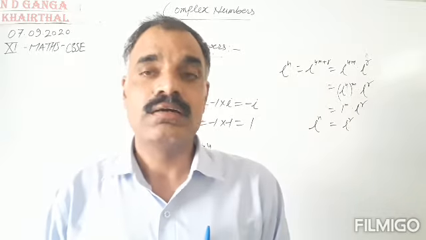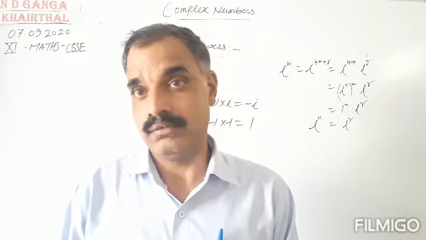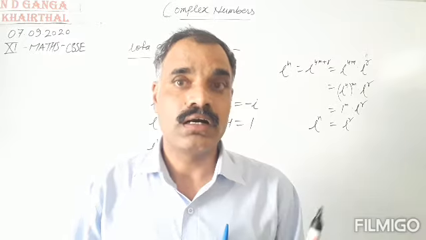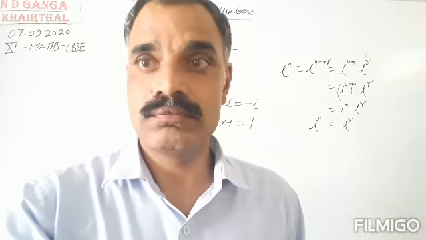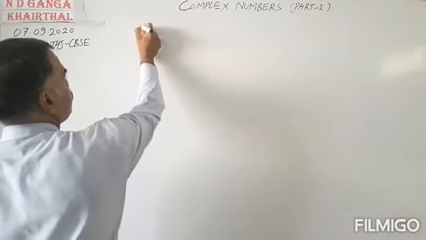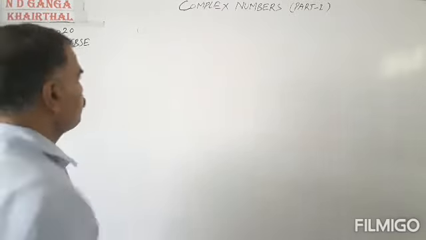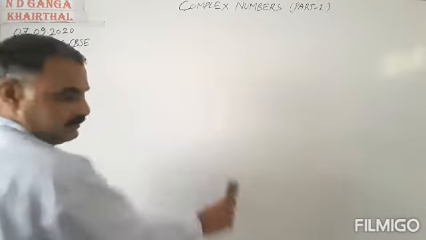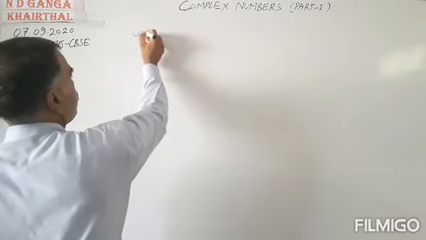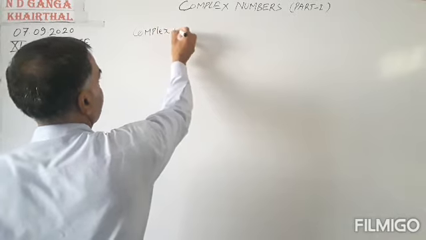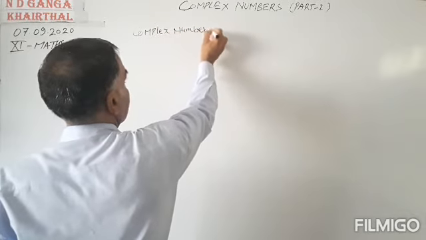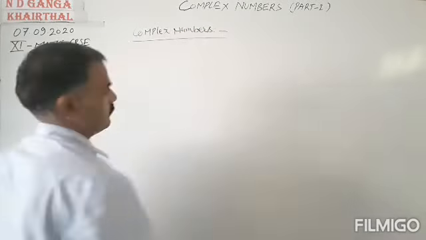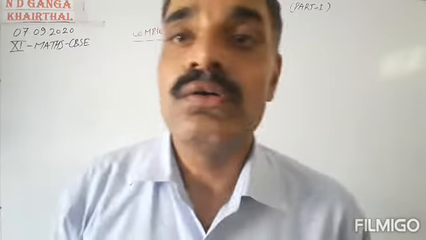These are the powers of iota. Now we will discuss complex numbers. Let a and b be two real numbers.